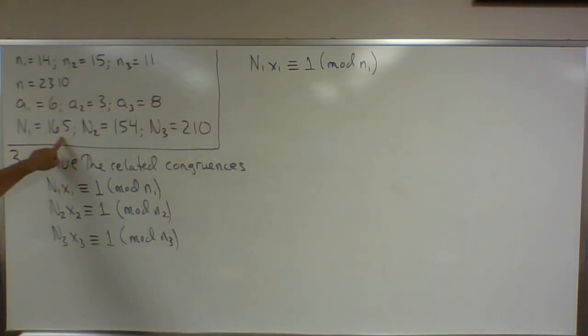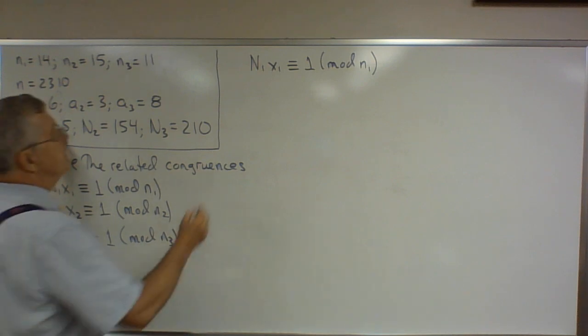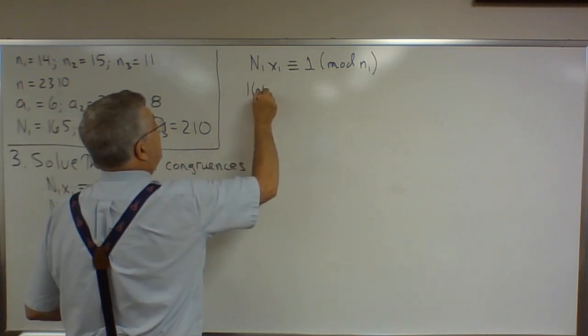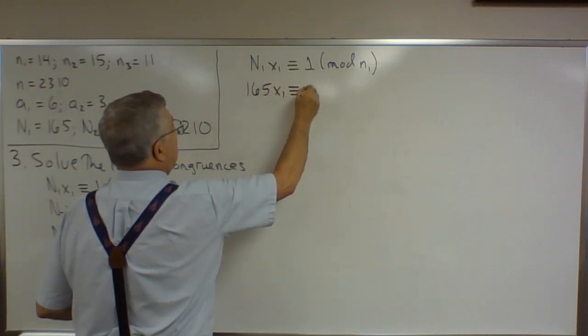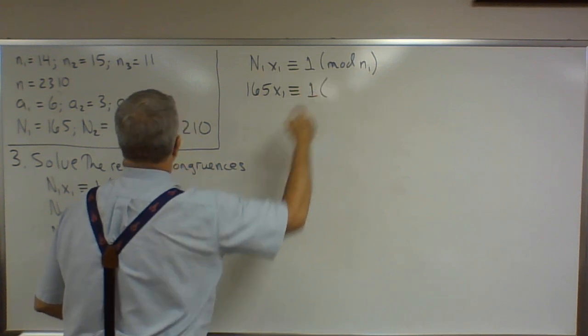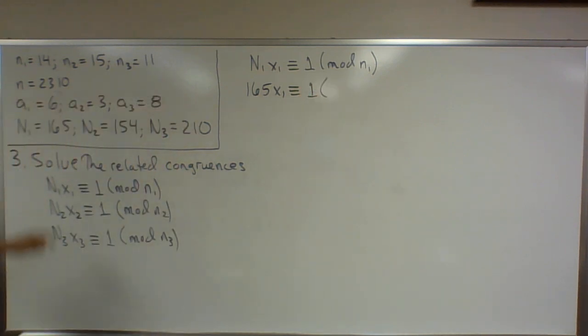Let's see, capital N sub 1 is 165, mod little n sub 1, that's 14.